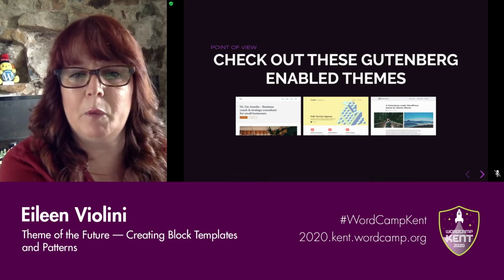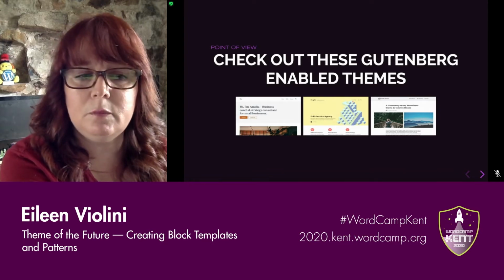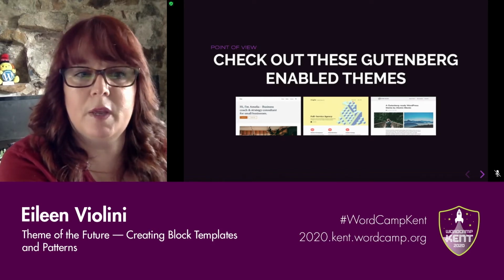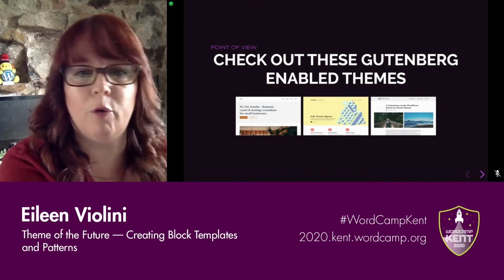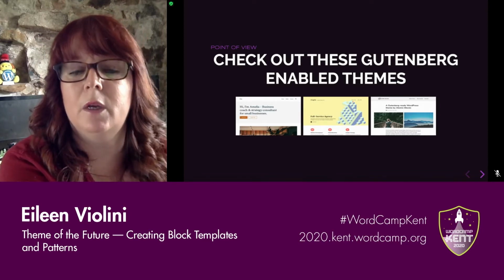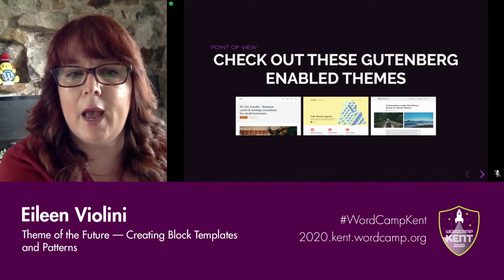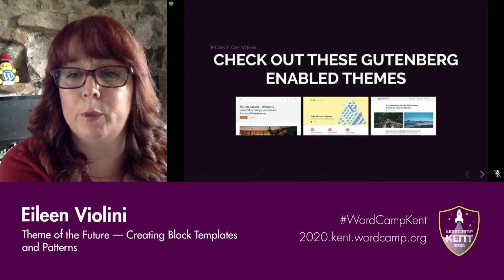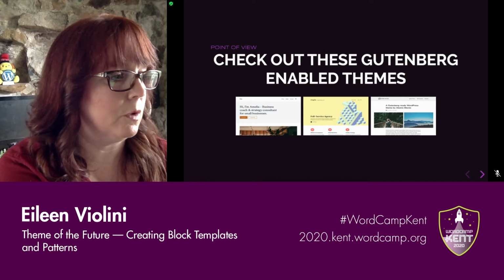So they're really worthwhile to take a look at. And Atomic Blocks. That was one of the earlier all Gutenberg themes that came out, and I think these are all great themes to download, install, take a look at, see how they're doing things, and then look at possibly using your own starter theme to add these types of items into.